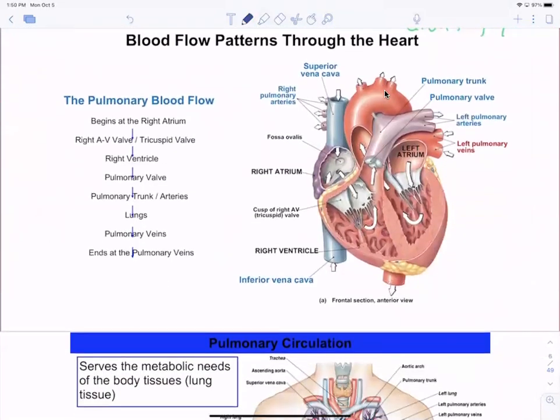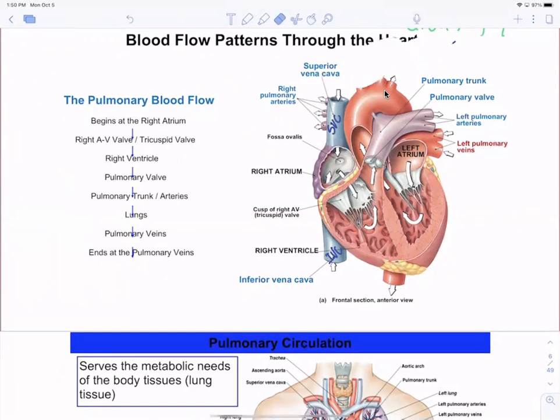All right, so pulmonary blood flow, and this goes through. This right here is the superior vena cava, and this is the inferior vena cava. The superior vena cava is bringing blood back to the heart.